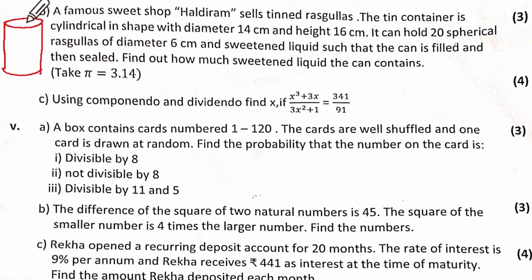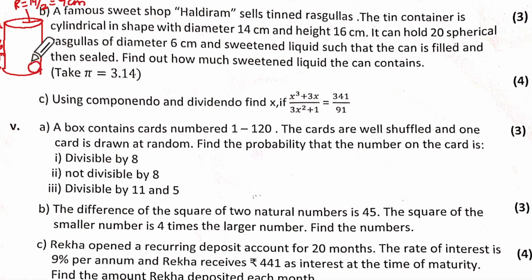So the cylinder has a diameter 14, which means radius is equal to 14 upon 2, which means how much? 7 centimeter. And how much is the vertical height? It is 16 centimeter. And it holds 20 spherical rasgullas.